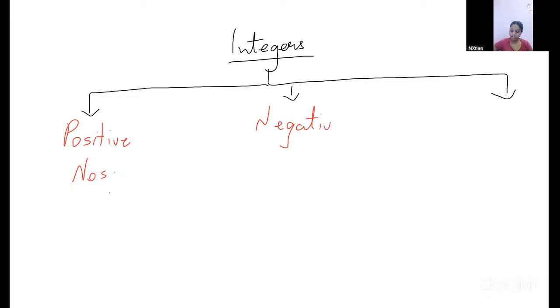That's right. Positive numbers, negative numbers, and 0. These three types of numbers we have under integers.